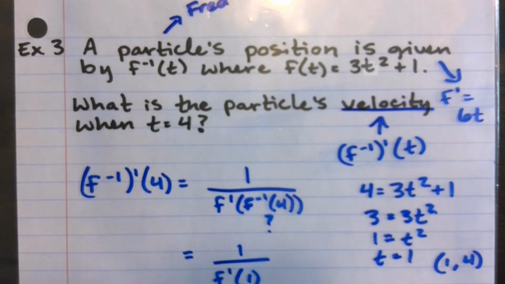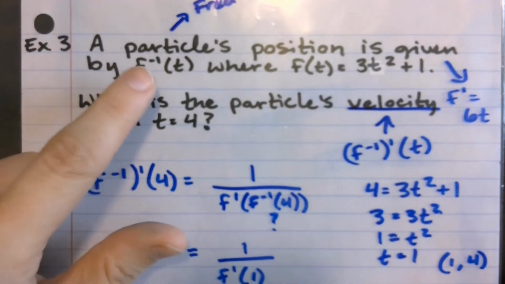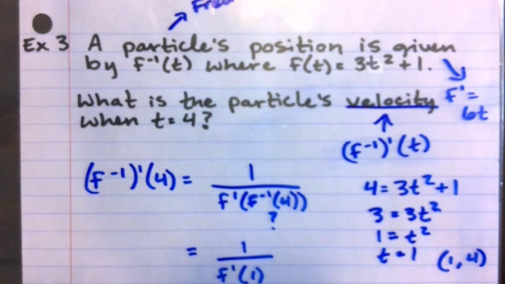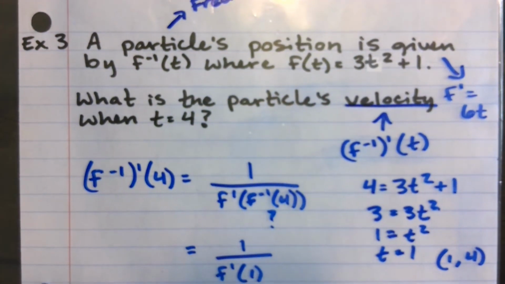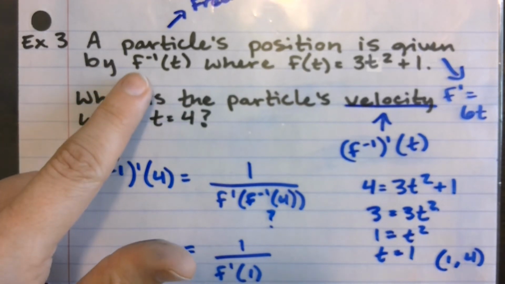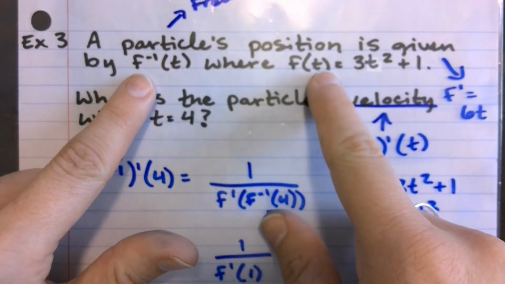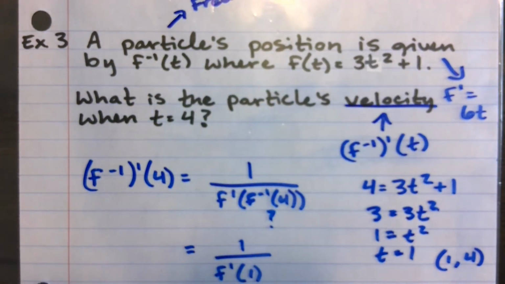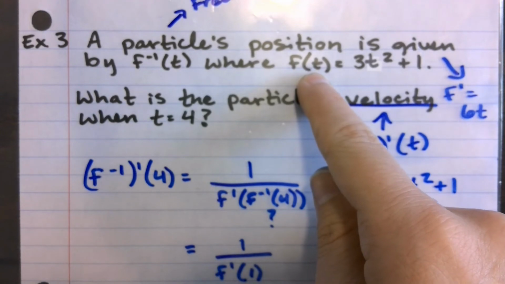I forgot to mention on this last problem that we did know that f inverse existed, first of all, because they told us that the position was given by f inverse, but also just deciding whether f of t had an inverse.